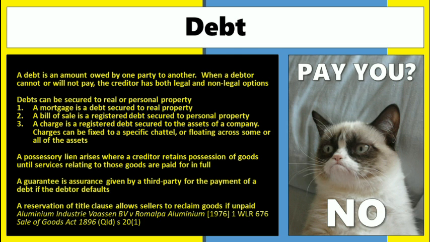Now, some of these have to be done ahead of time. The important thing to note here is that when a person enters into an arrangement with another, usually the borrowing of money, there can be some form of security across property. This property can be to do with this particular transaction.